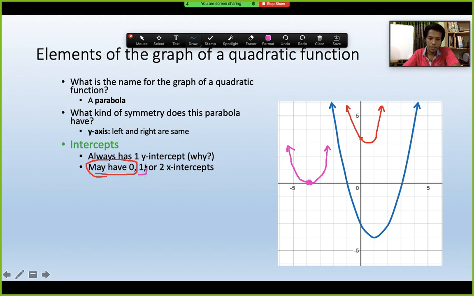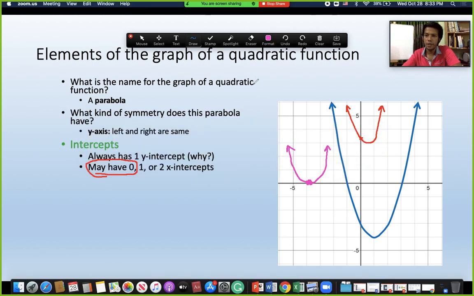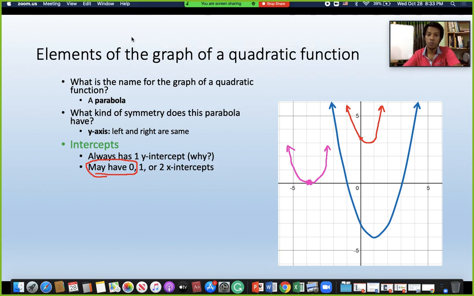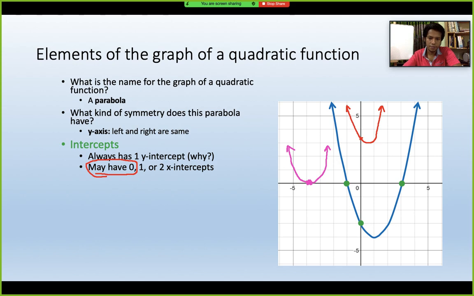So one x-intercept is also possible, and two x-intercepts you can already see. So there can be 0, 1, or 2 x-intercepts. But the y-intercept is just one. Think about it. Why can there be just one y-intercept? Or is it possible to get more y-intercepts?